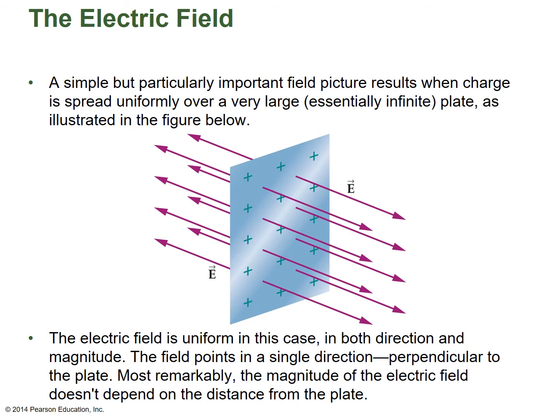Surface charge density, you just divide the charge on the plate by the area of the plate. So E around this infinite sheet of charges will be constant, and its magnitude equals sigma over 2 epsilon naught. Sigma is the surface charge density, Q over A, measured in coulomb per meter squared, and epsilon naught is the permittivity of free space, assuming that this plate is placed in vacuum or in air.